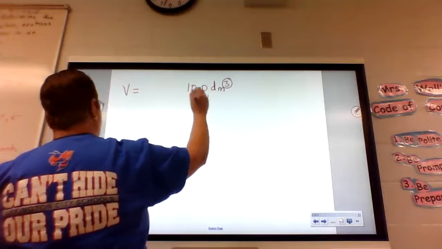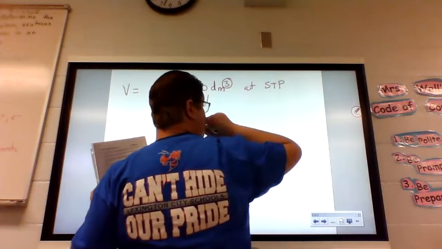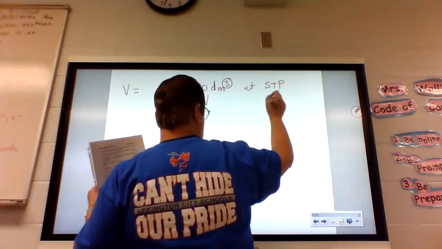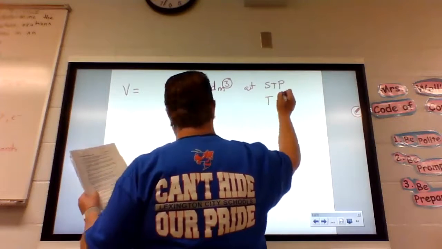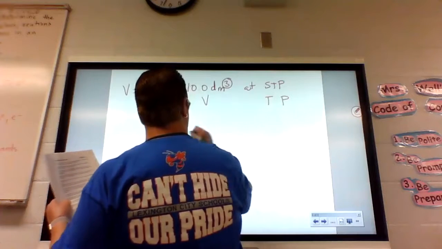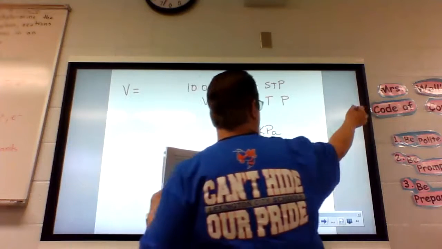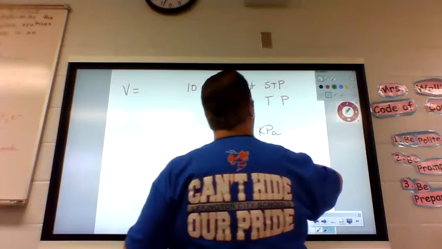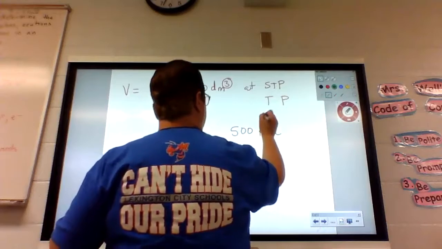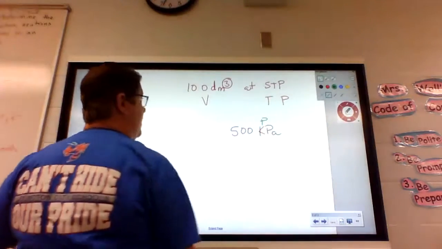And then it says at STP. So what's that tell us? Okay, so we got a temperature and we got a pressure. If we keep reading, it says at constant temperature, and then it says 500 kPa. So what's kPa? Pressure. Okay, so we've got a V, a V, a P, and a P.